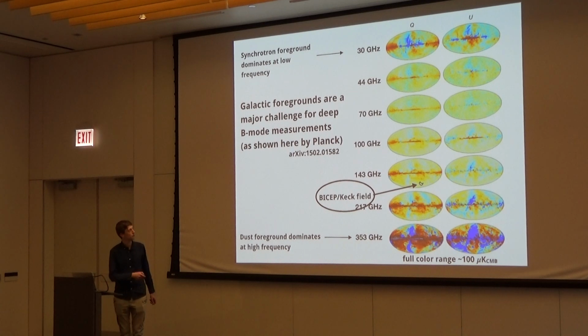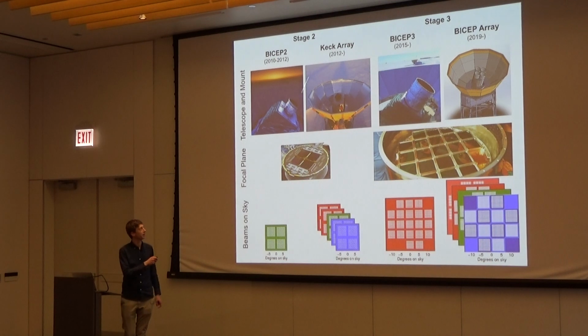So if you're now able to make measurements not just at 150 gigahertz, but also down at 100 gigahertz, and maybe at higher frequencies as well, for a given signal that you see, you can analyze how its amplitude is changing in frequency, and identify it either as a foreground type signal, a dust signal that's getting bright at high frequencies, maybe a synchrotron signal that's getting bright at low frequencies, or a CMB signal that will have, at least in these units, an amplitude that's frequency independent.